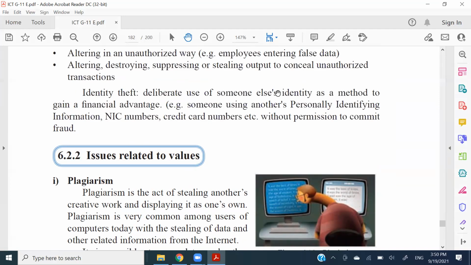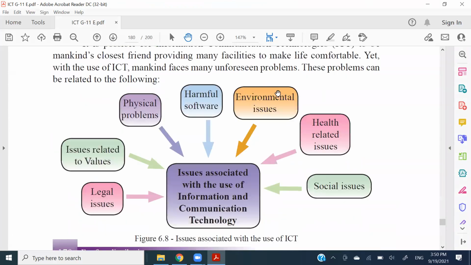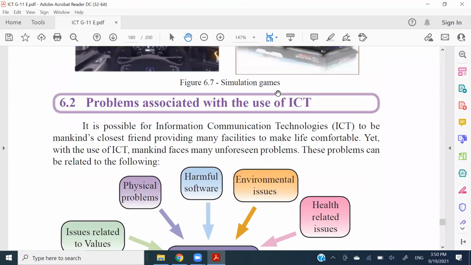Okay, so before we come to these things, we'll just copy the things regarding this particular topic. So have this heading: problems associated with the use of ICT, right? That will be the main heading.